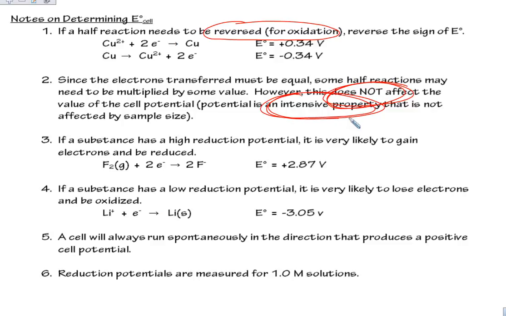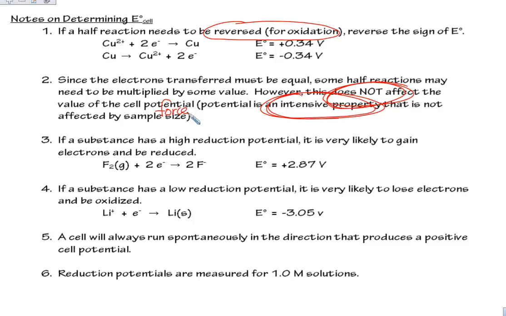This cell potential is a force. The force pulling the electrons will be the same whether I'm pulling 1 electron or 2 electrons. I'm pulling more electrons, but the force pushing the electrons through the wire is the same. You will never multiply these cell potentials. A very common mistake though. You really just flip one for oxidation and add them. That's all there is to it.